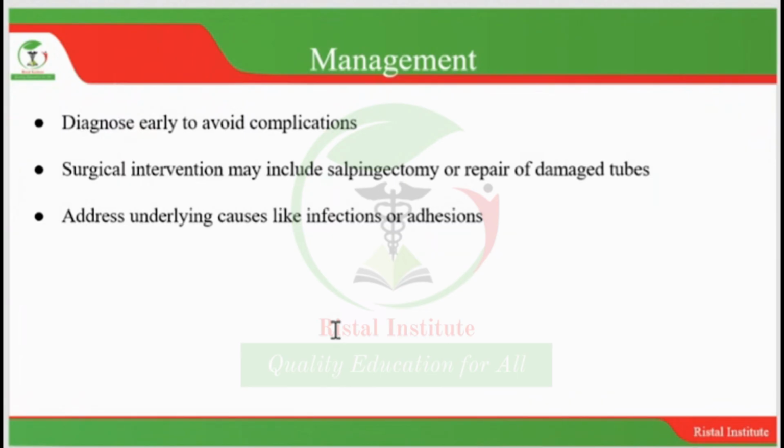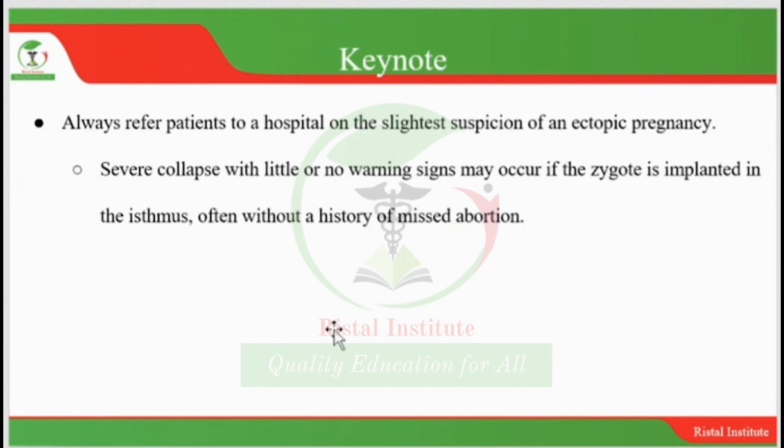So management: diagnose early to avoid complications. The early diagnosis of ectopic pregnancy is very important for complications to be avoided. Then surgical interventions, which may include salpingectomy or repair of damaged tubes, address underlying causes like infections or adhesions. This needs to be addressed and managed.